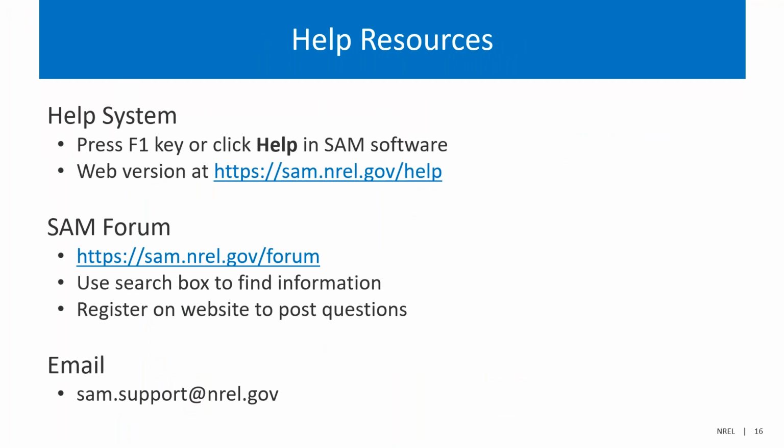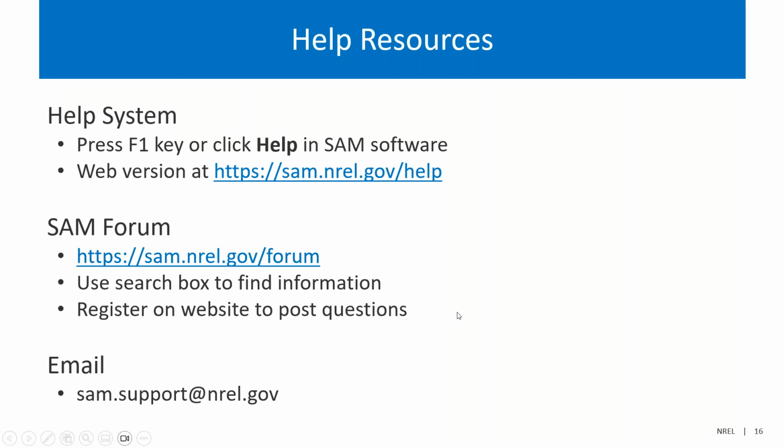All right, so with that, just wrap up with some help resources and references. We always like to mention that the help system in SAM is great and context sensitive. So on any page, grid outage page, dispatch pages, you can read more by pressing the F1 key or clicking help. We have a user forum with lots of previous user questions that have been answered that you access through the website.